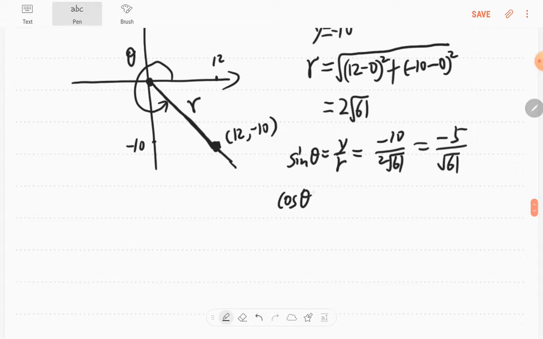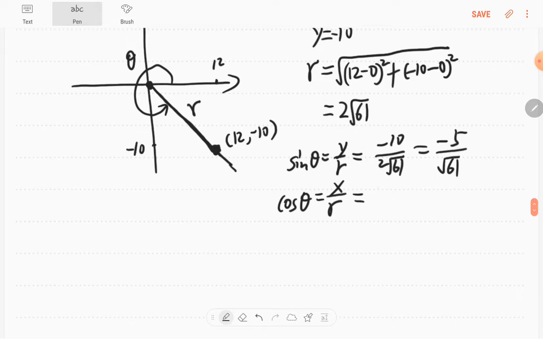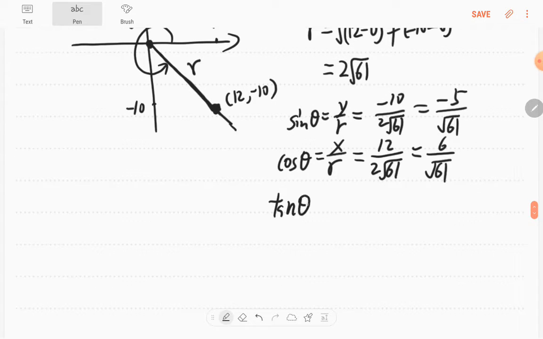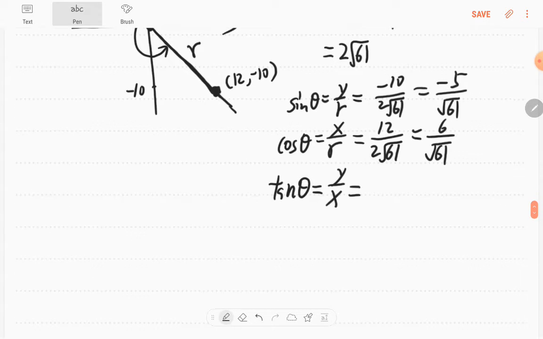Cosine theta is x over r: 12 over 2 square root 61, which is 6 over square root 61. The tangent theta is y over x, negative 10 over 12, which is negative 5 over 6. The cosecant is the reciprocal of sine, secant is the reciprocal of cosine, and cotangent is the reciprocal of tangent.